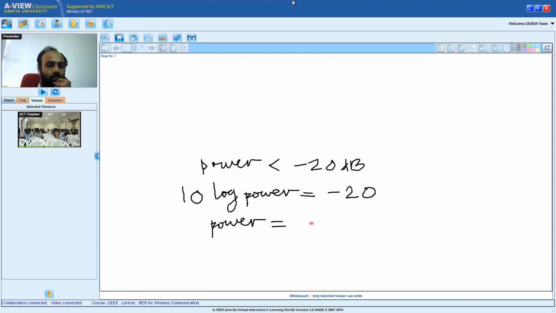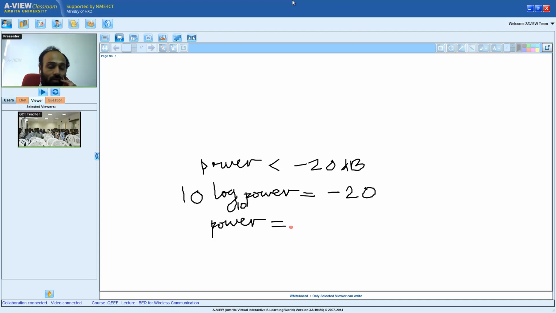This is 10 log to the base 10, decibel, right? Therefore power is equal to 10 power minus 20, no, not 10 power minus 20. Please be more careful in evaluating it. Look at this, there is a factor of 10. 10 log power to the base 10 is equal to minus 20.